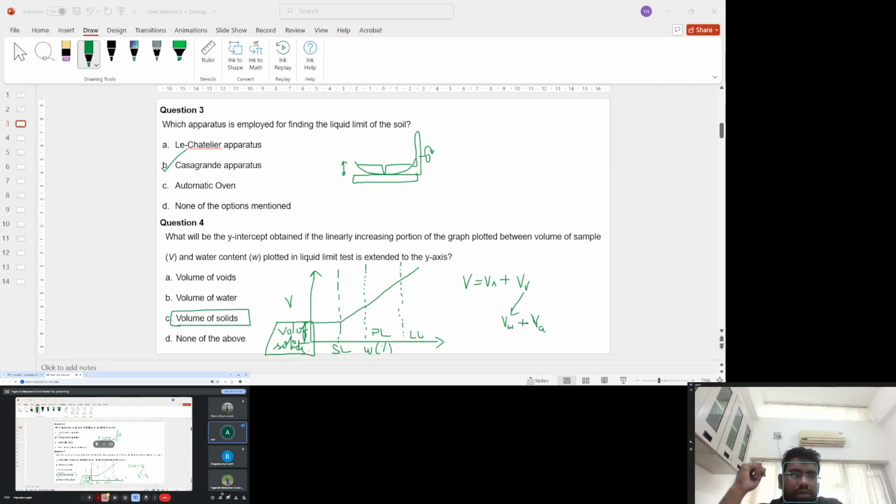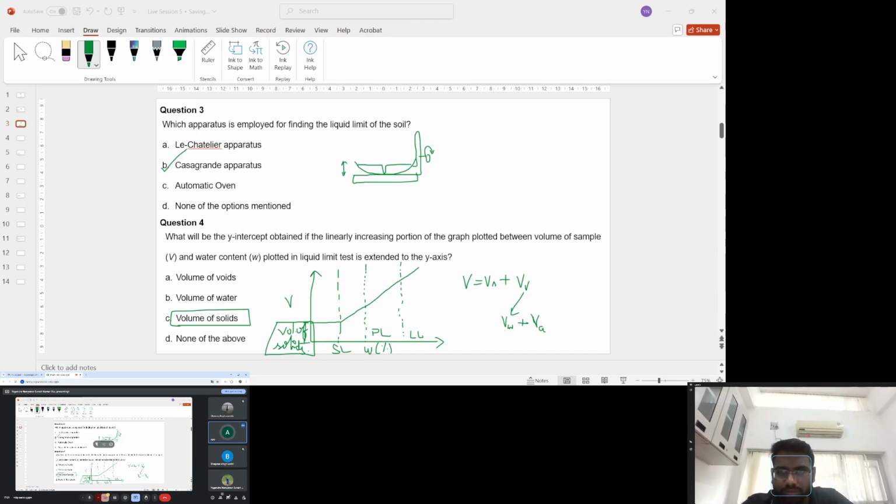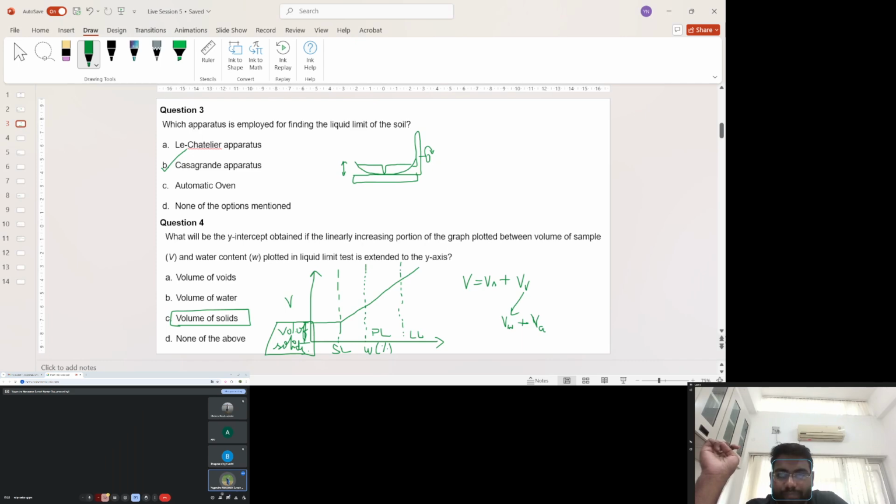At the intercept, it is not the volume of solids alone; it is both the volume of solids and volume of air voids.